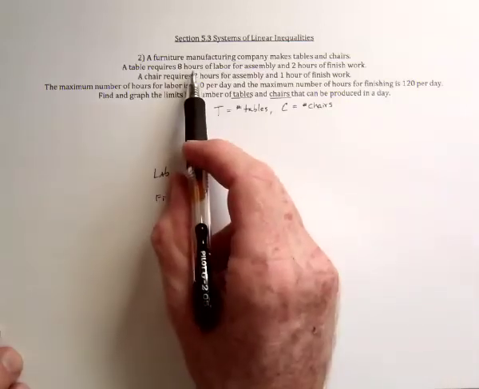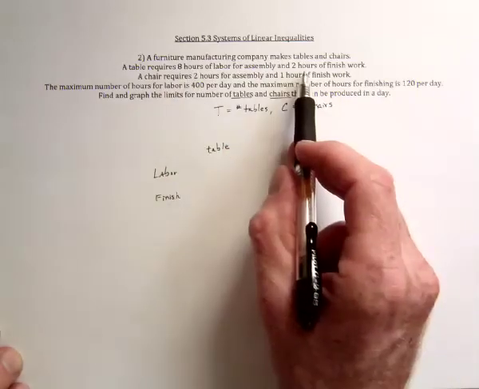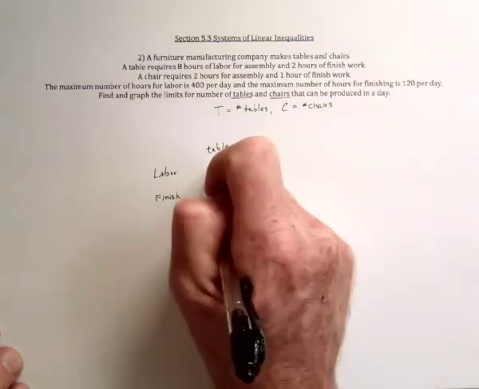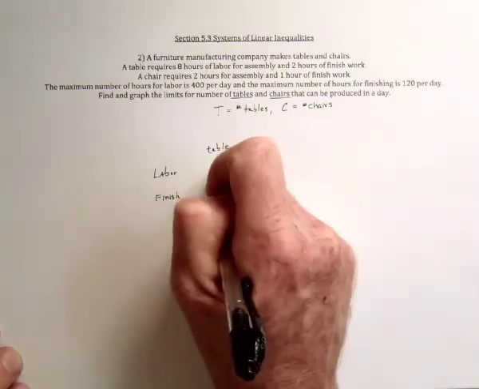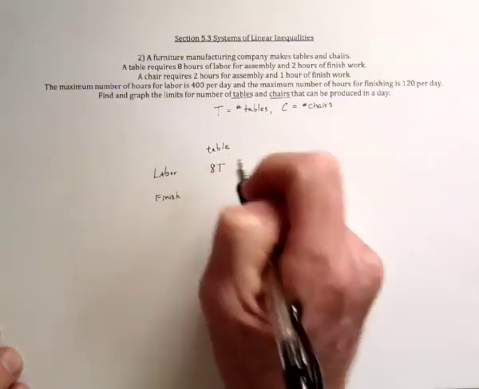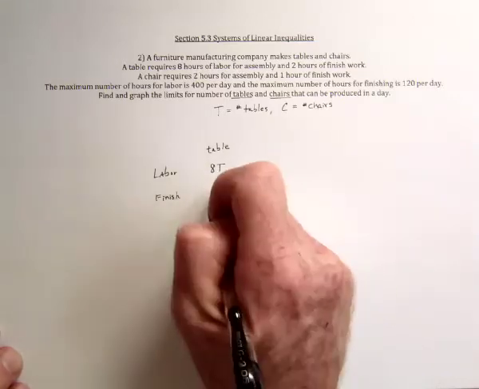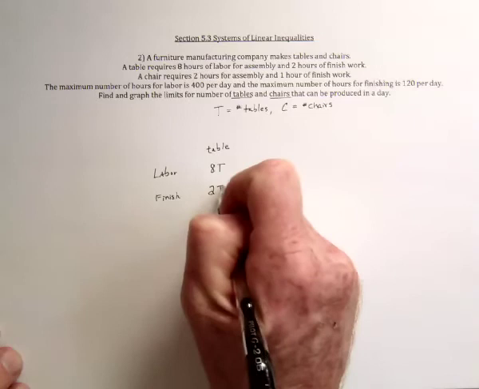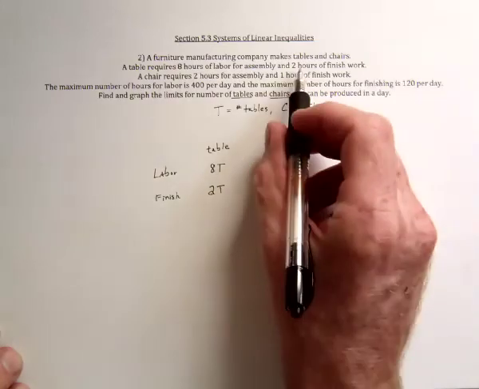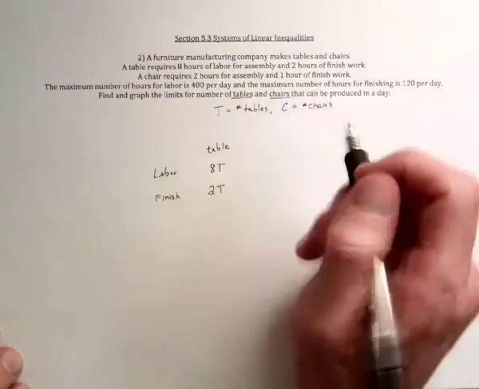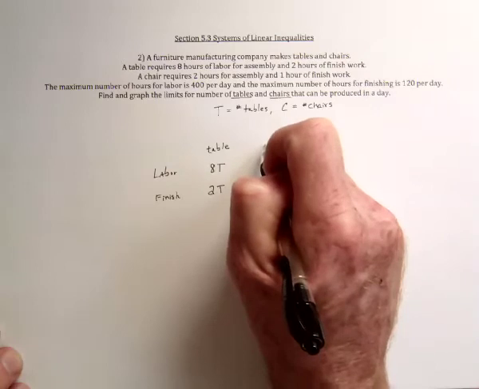And so the labor is 8 hours, the finish work is 2 hours. So for a table, that's for each table. So in total we would have 8 hours per table in labor and 2 hours per table in finish work coming from this.